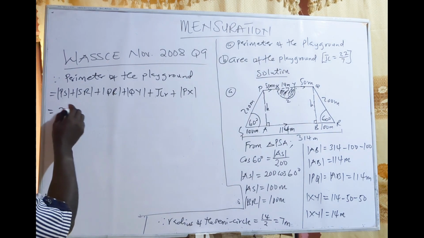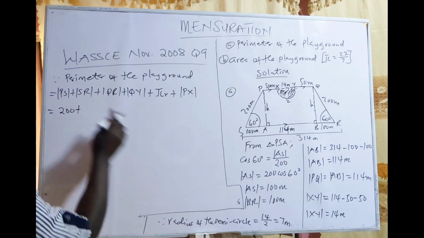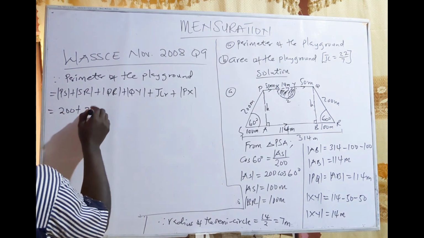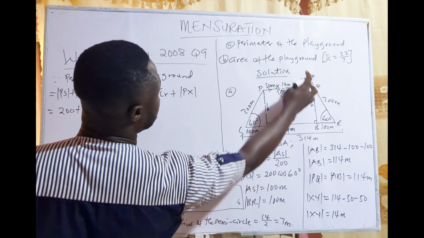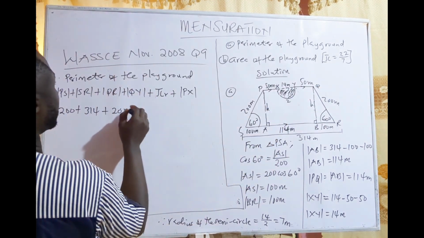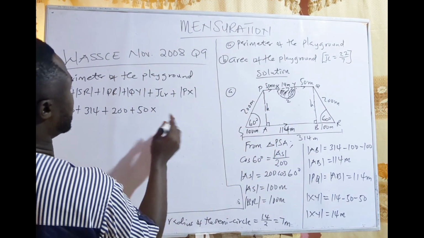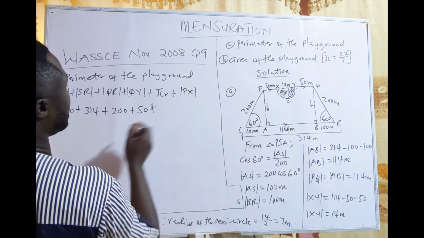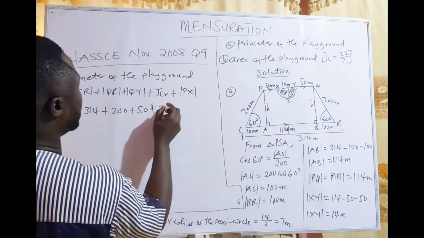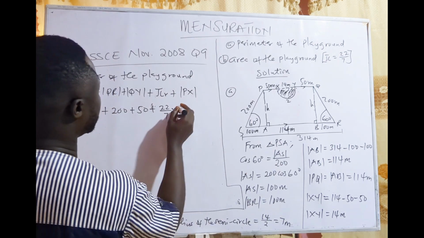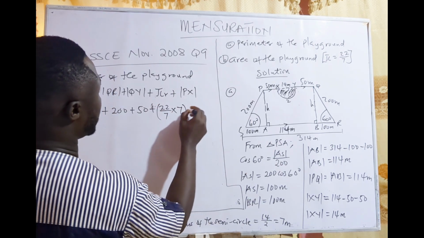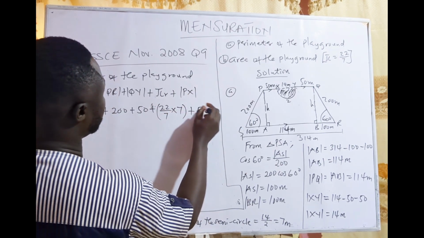That is 200 plus SR, that is 314, plus another 200, plus 50 here, plus 50, plus 22 over 7 times the radius, which is 7, plus PS, which is also 50.